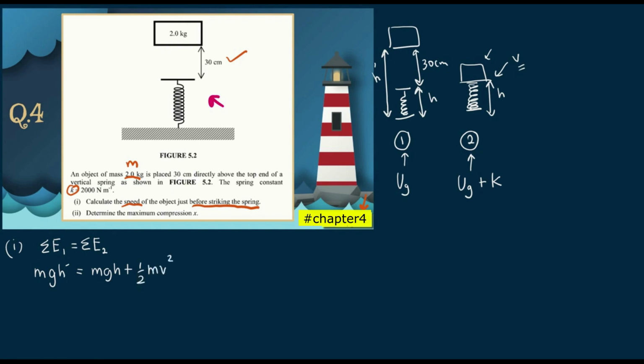Okay, so to make it simpler, everything here we got m, you can cancel out. Okay, so from this equation, g h prime is h plus 0.3. You need to convert 30 cm into SI unit, 0.3 meter, is equal to gh plus half v squared.